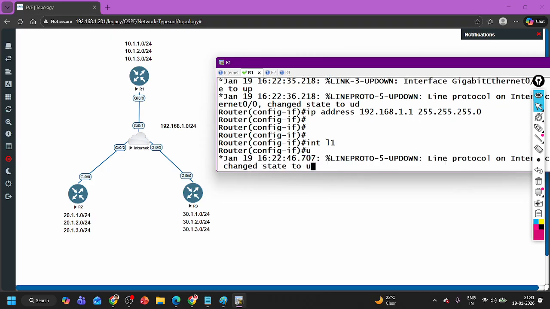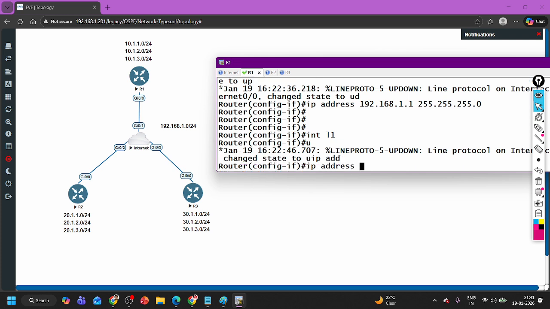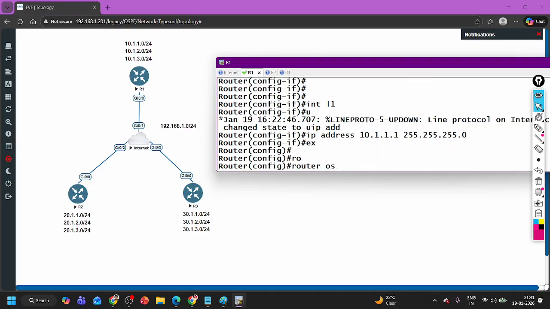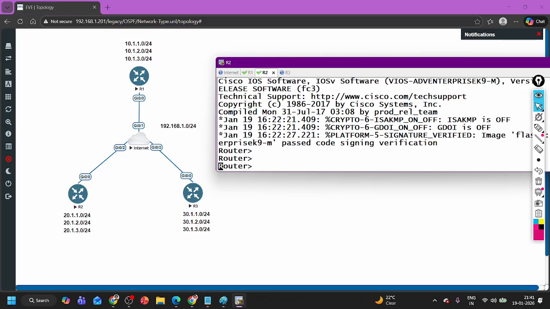Interface loopback 1, IP address 10.1.1.1 255.255.255.0. Router OSPF, let me configure OSPF later.